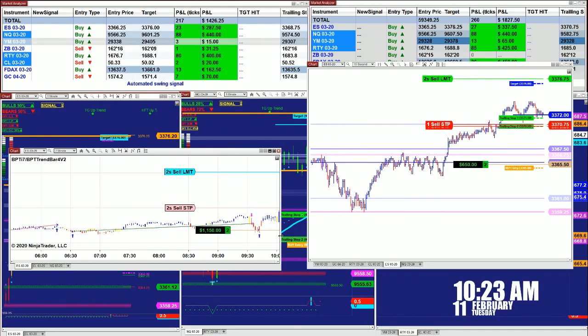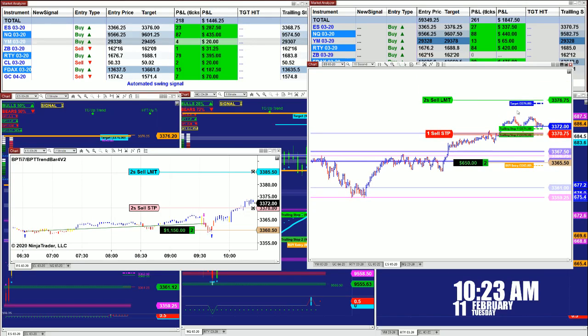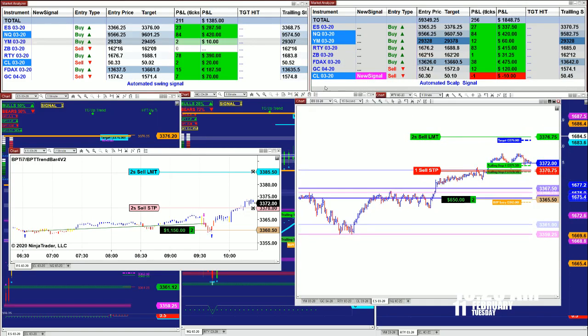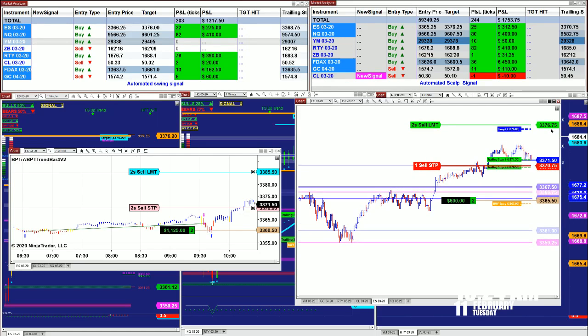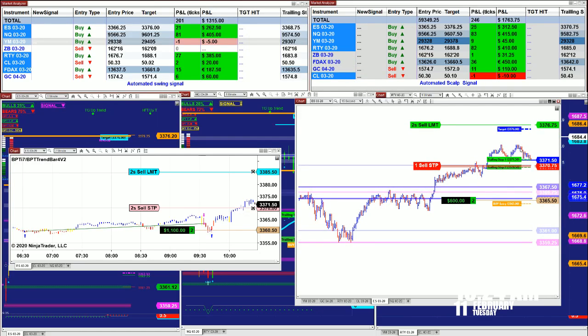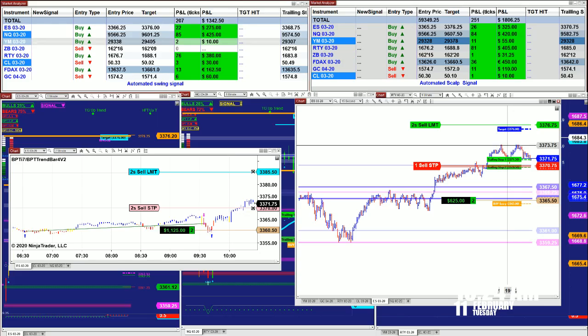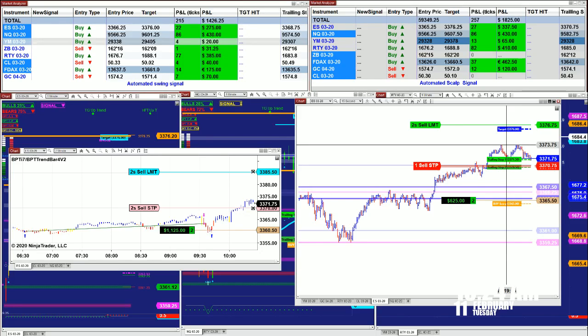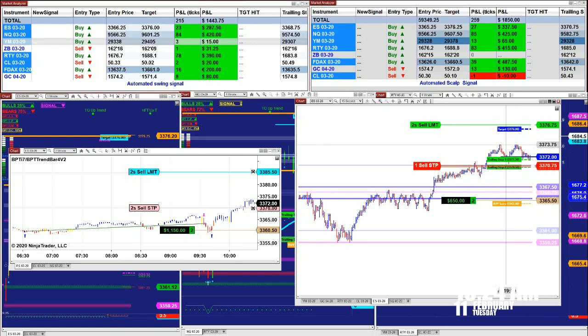So if you are in a position with an ES like we do on the signal scalper, okay, there is a new signal on the CL sell position. And it is, as you see here, I don't believe in double top, double bottom. This is kid stuff, but I can be looking at this 3373, 3375, and I can see where is the problem.